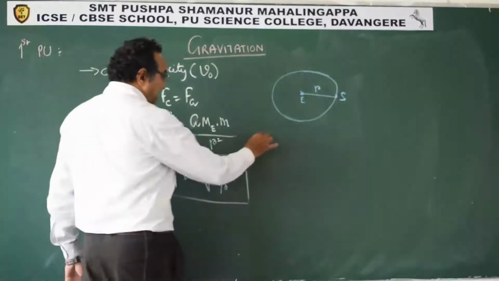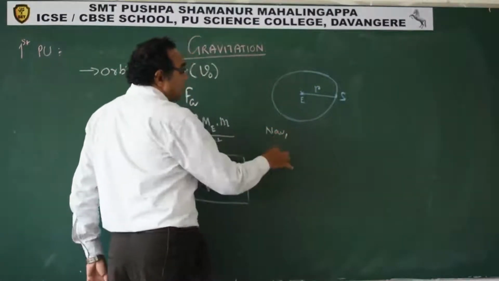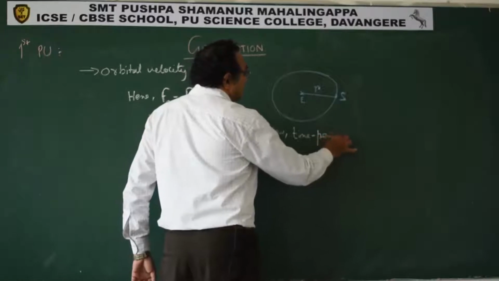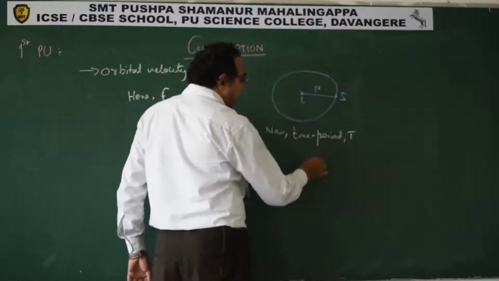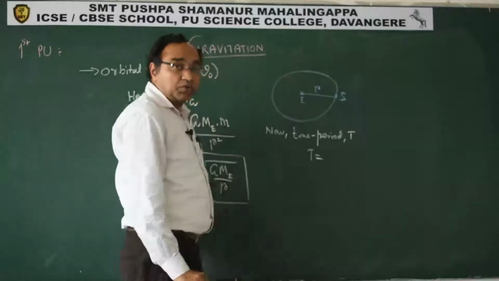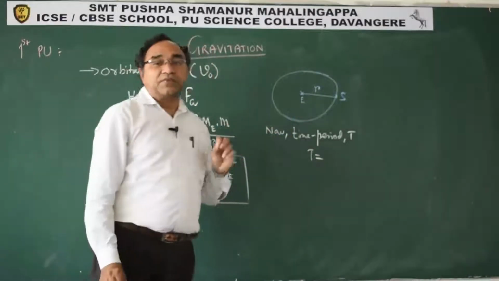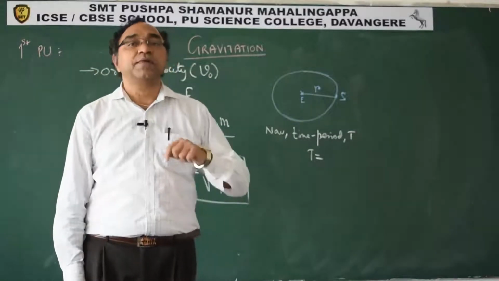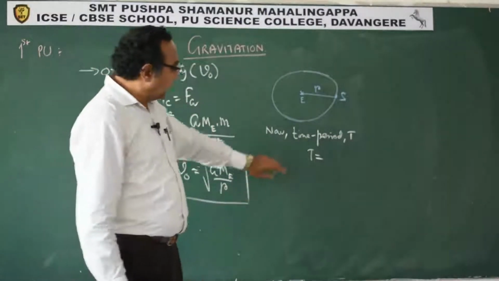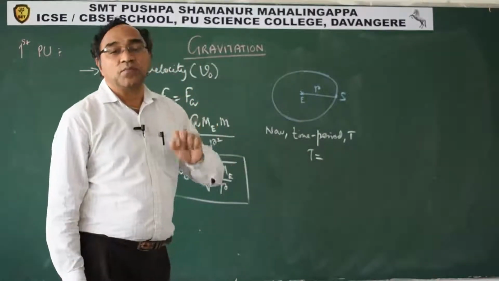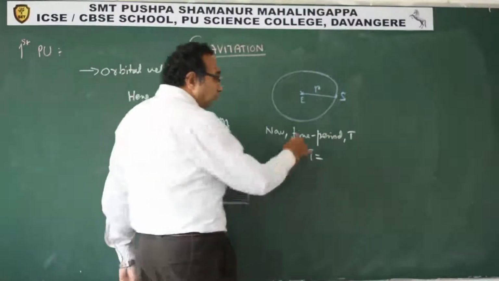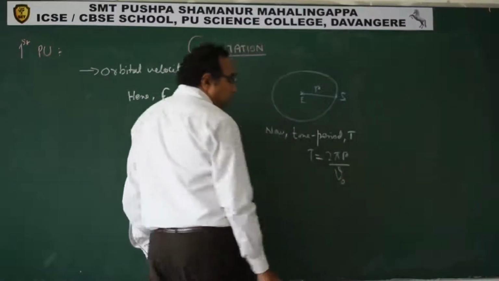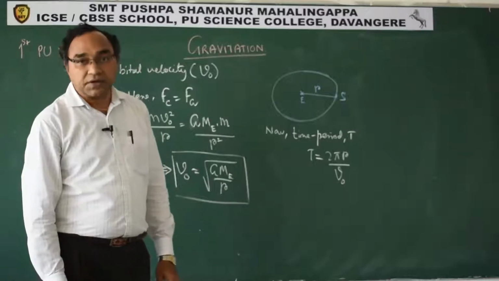Now the time period T will be how much? What is the meaning of time period? Time period is the time taken by the satellite to complete one revolution. So the distance it moves in one time period, one revolution, is 2 pi r, and the speed is V naught. This will give us the time period.